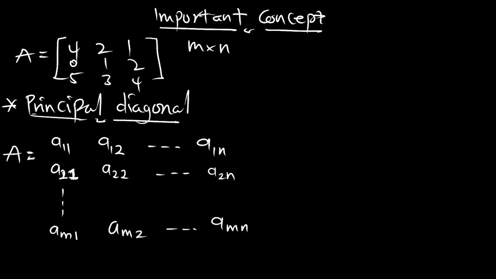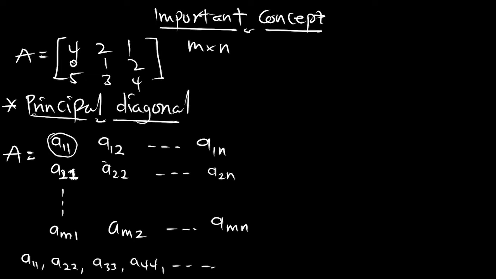The principal diagonal contains the entries. To identify the principal diagonal, you are going to find it with the elements, say A11, A22, A33, A44, and the others. Are we okay? So looking at this, A11 is the first point in order to identify the principal diagonal.